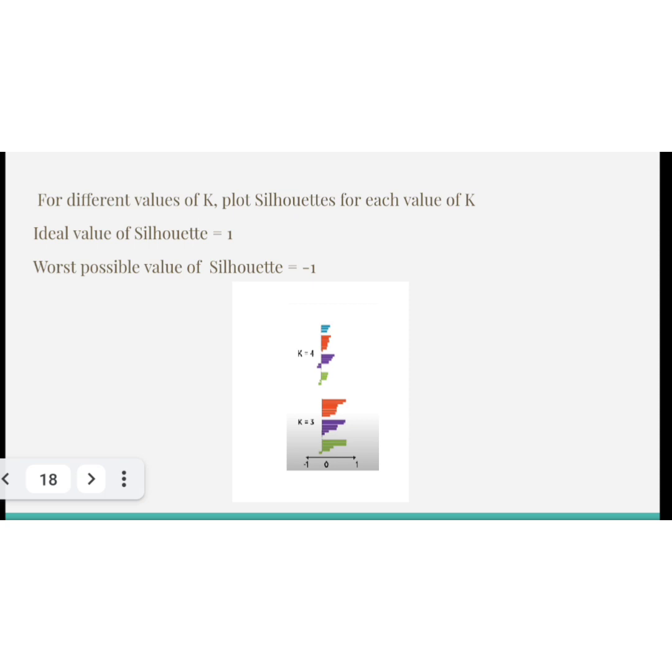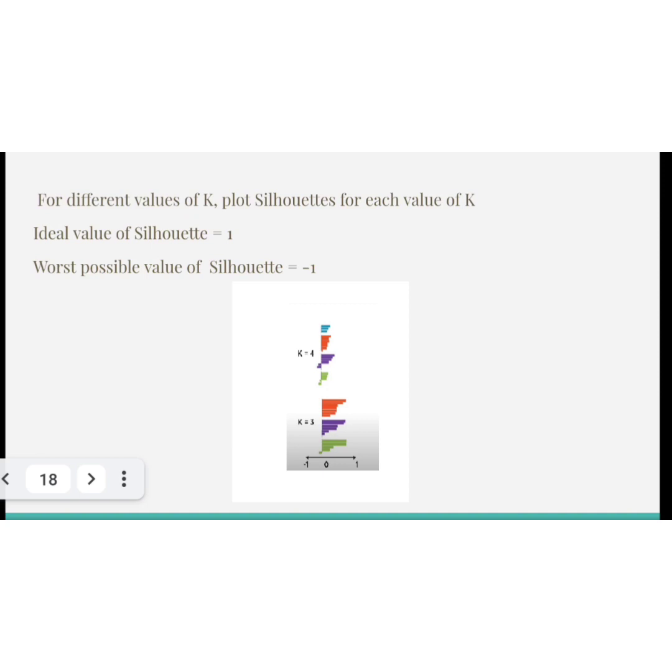So for different values of k, we will find the silhouette value and we will plot it like this. Here only the plots for k equal to 3 and k equal to 4 are shown. That means the values when the number of clusters is 3, and the values when the number of clusters is 4.